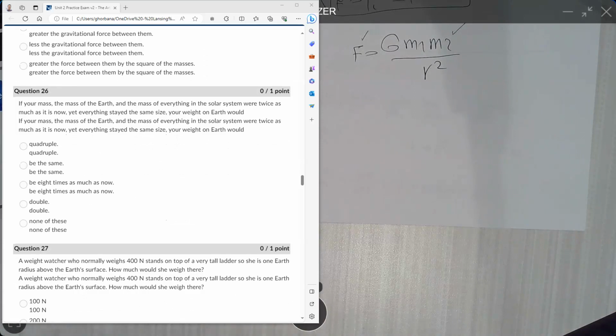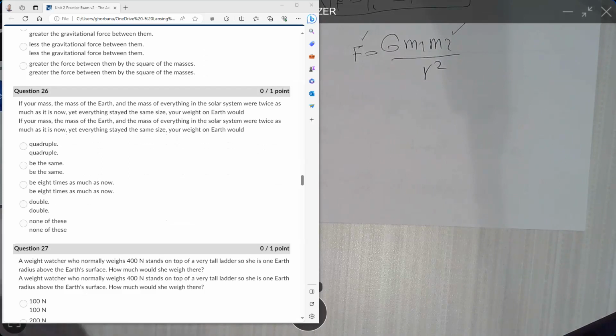How many times bigger? Twice as much as it is now, yes? If your mass and the mass of the Earth and everything in the solar system were twice as much as it is now, yet everything stayed the same size.